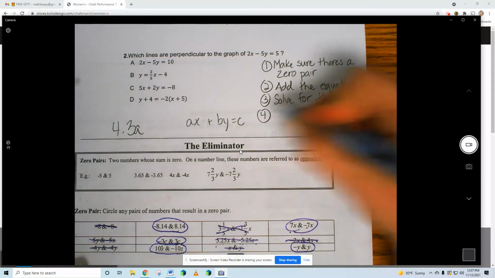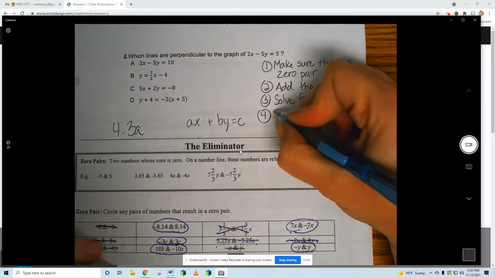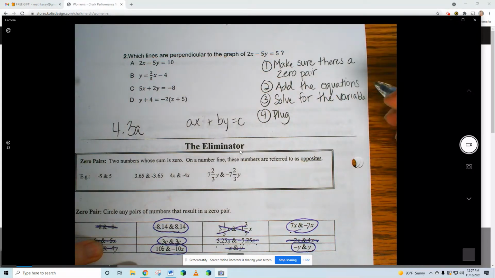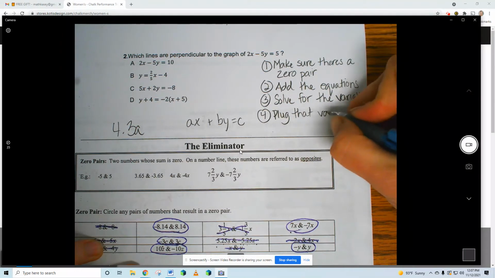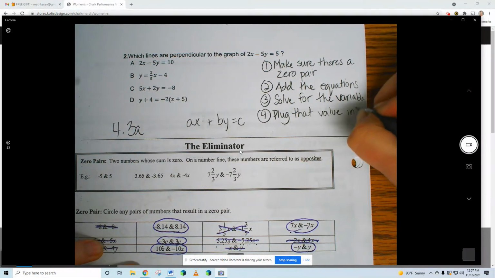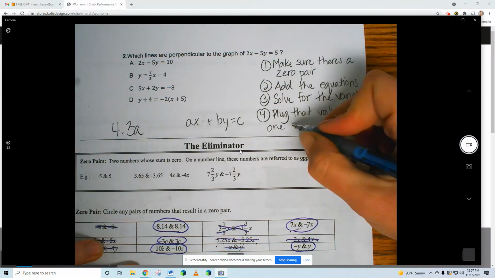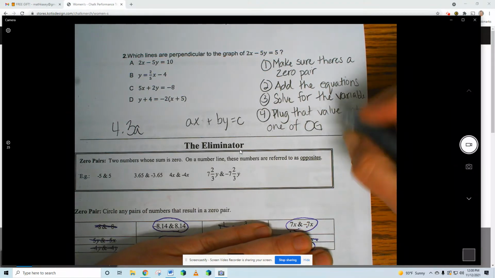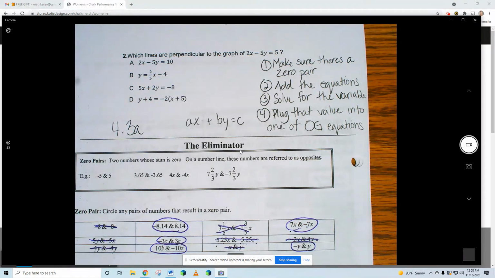Step 4, I'm going to get an answer like an x equals or y equals, and I'm going to plug that value into one of the original equations. So those are four steps.